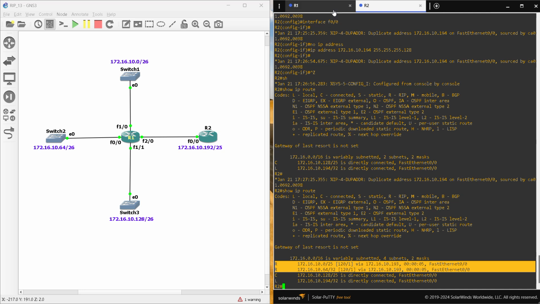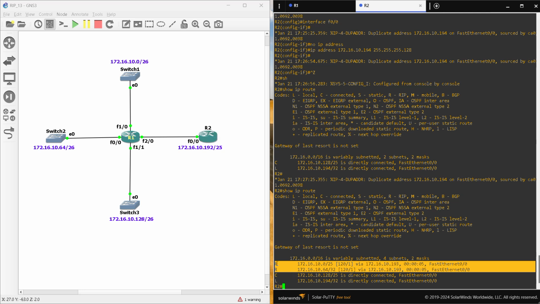If we look at the debug ip rip command, it's sending all three, but R2, while receiving or installing, is applying its own subnet mask, and with its subnet mask it is deciding which one to install in its routing table.